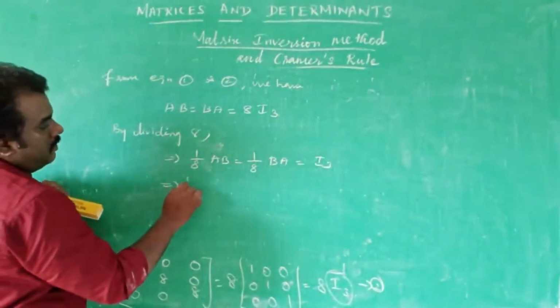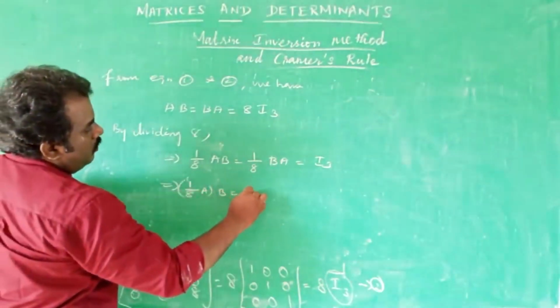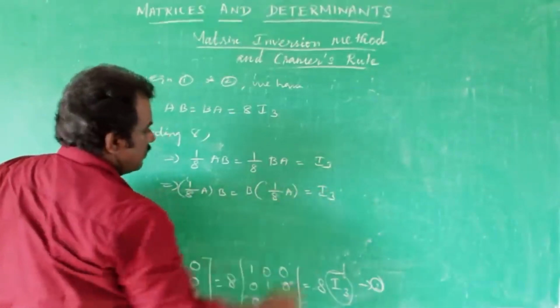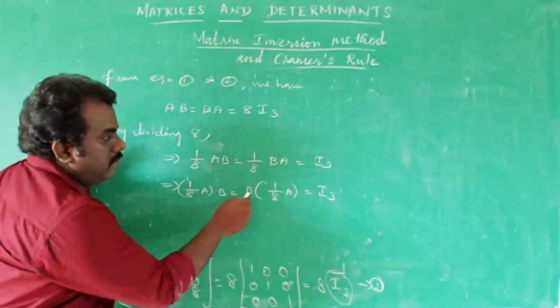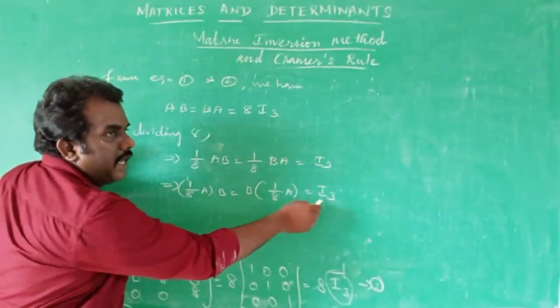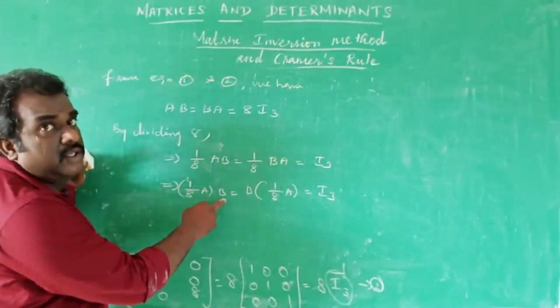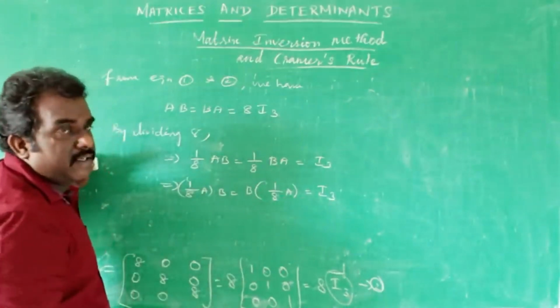So this can be written as 1 by 8 A into B, and B into 1 by 8 A, is equal to I suffix 3. That means these two are inverse of each other. Only then are we getting the identity matrix.